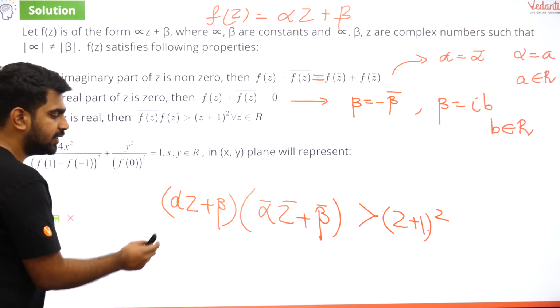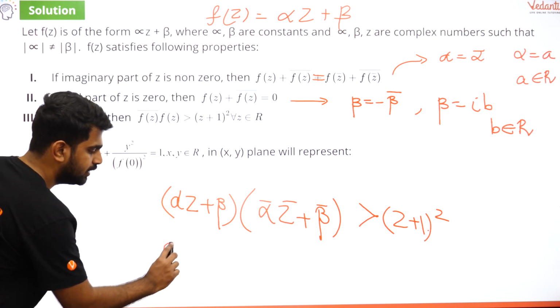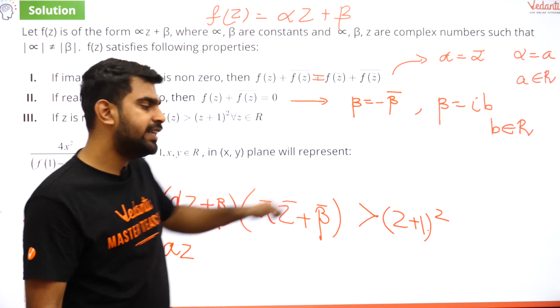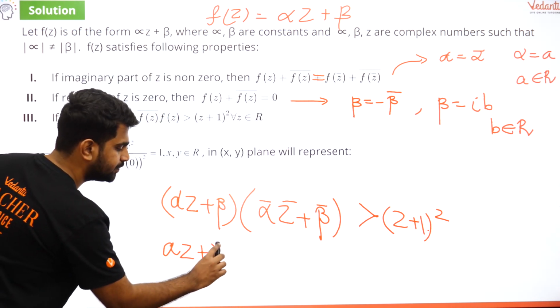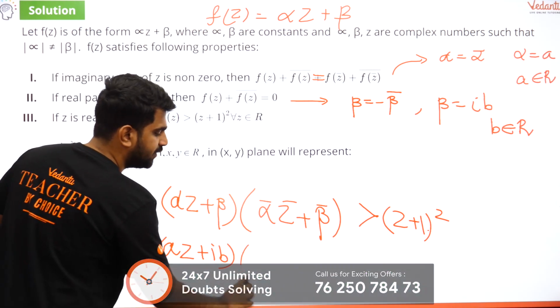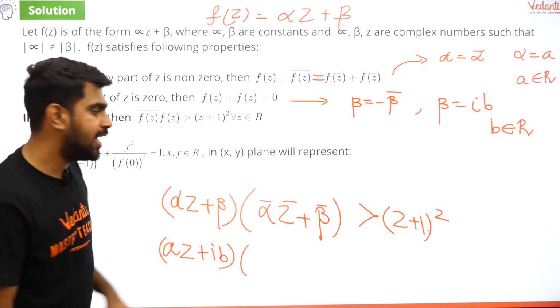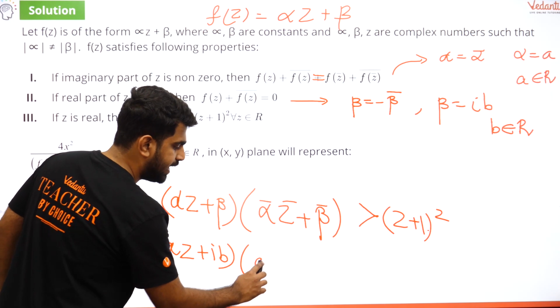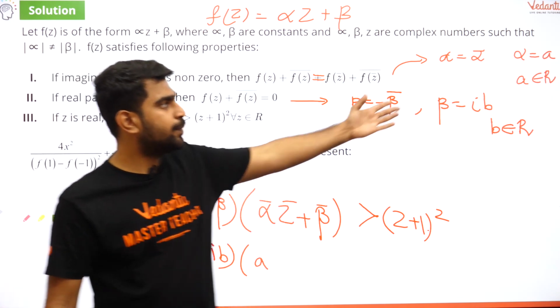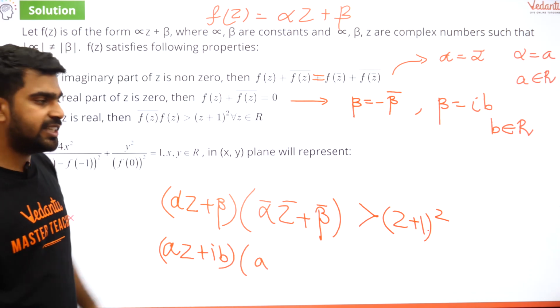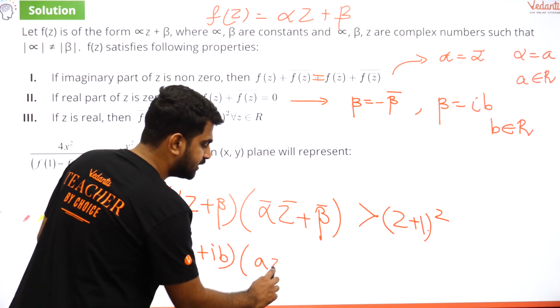So what is alpha? I will replace alpha with A and Z plus beta. What is beta? Beta is IB, right? So I'll write plus IB. And then what is the second factor? The second factor is alpha bar. Alpha bar can be written as A again, because for a real number, whether you take the conjugate of it or not, you have the same number. And then Z bar is Z only.